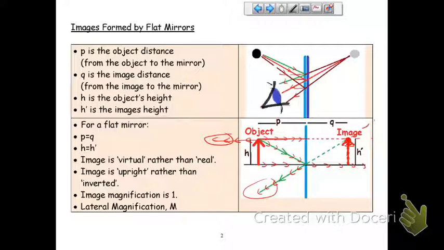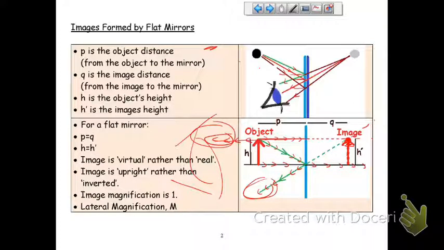And I can take the light that appears to come from the virtual image, which is, where's my pen? Which is that ray there and that ray there, and I can look at it and process it. So I can use real images as an object for a secondary optical system, and I can use virtual images as an object for a secondary optical system.